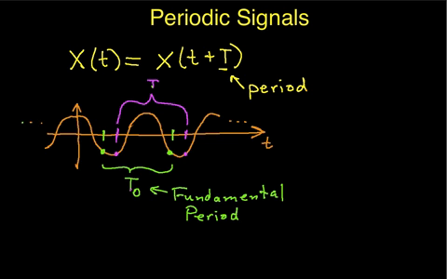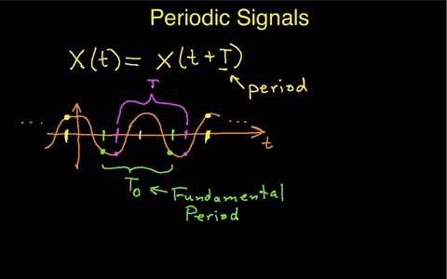Now, you'll notice that it's possible with this signal, if I look at this point and go out past one period to two periods, that the value over here is the same as the value over here, even though the distance from here to here is 2T0.